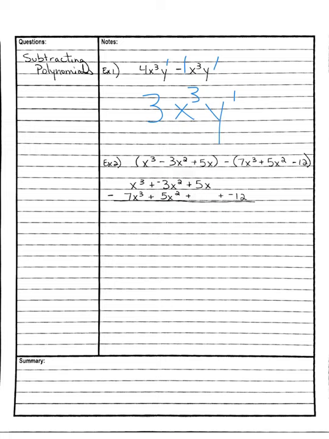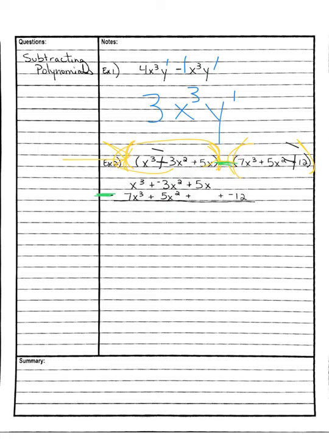Let's look at example 2, and I'll tell you that example 2 actually started out horizontally. We have this grouping, and we have to take away the other grouping. So I stacked it up. I wrote my x cubed. I took this one first, and I wrote it on the top. I also made sure I changed all my subtract to add a negative. Then, of course, because we are subtracting, I put a subtraction symbol.